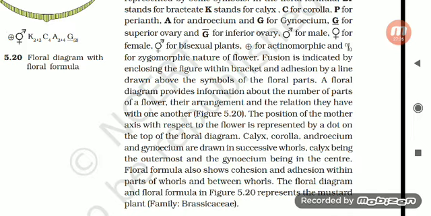Calyx, corolla, androecium, and gynoecium are drawn in successive whorls, calyx being the outermost and the gynoecium being in the center. Floral formula also shows cohesion and adhesion within parts of whorls and between whorls. The floral diagram and the floral formula in figure 5.20 represent the mustard plant, family Brassicaceae.